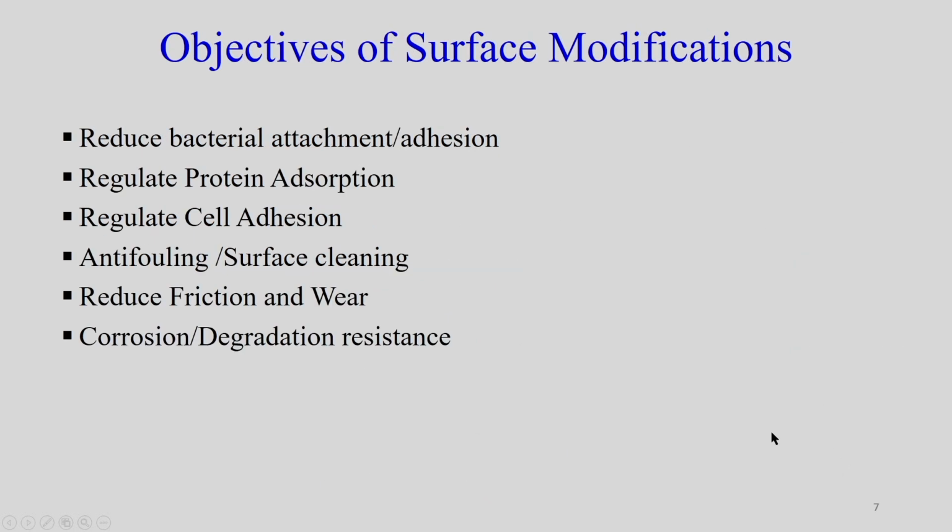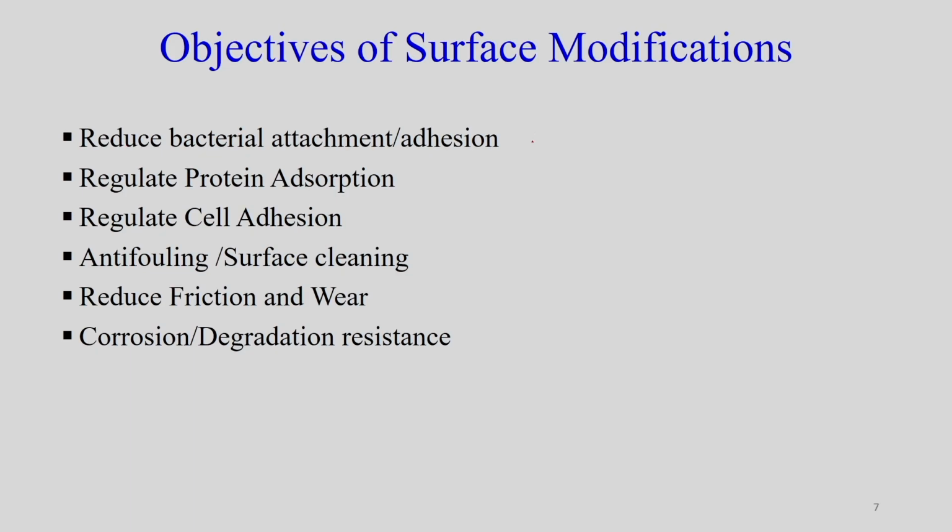So, starting from this, now we can list the different objectives of surface modifications. I have listed a few here. To reduce the bacterial attachment, adhesion, or you can say the biofilm formation. To regulate the protein adsorption, because the protein adsorption further regulates the cell surface interactions.